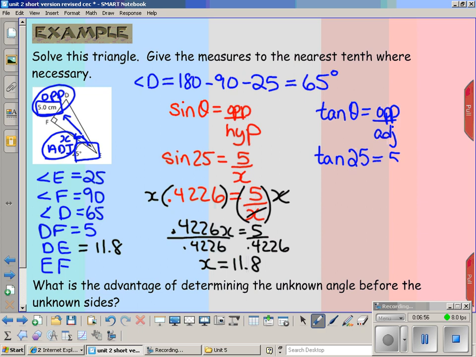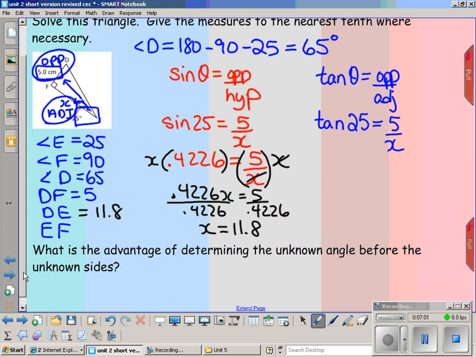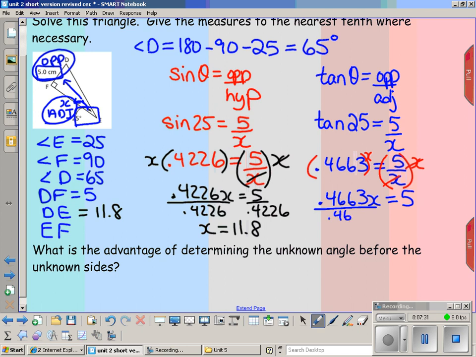Our opposite side is 5. Our adjacent side is x. Use your calculator, making sure it's in degree mode. Find tan of 25. 0.4663 equals 5 over x. Multiply both sides by x so that the x's cancel out. We have 0.4663x equals 5. Divide by 0.4663.